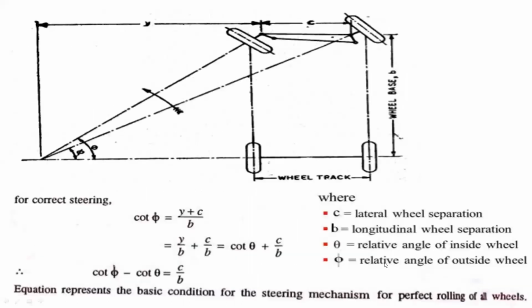Next, you can see that for correct steering, we can maintain perfect steering in automobile vehicles. How to calculate and find this theta and phi?